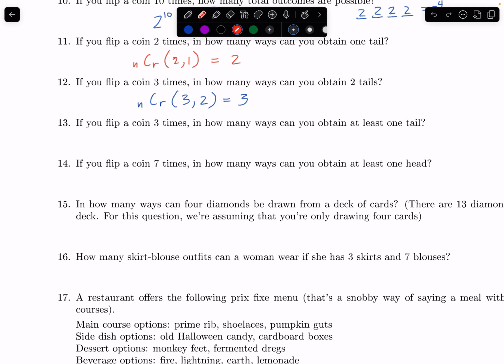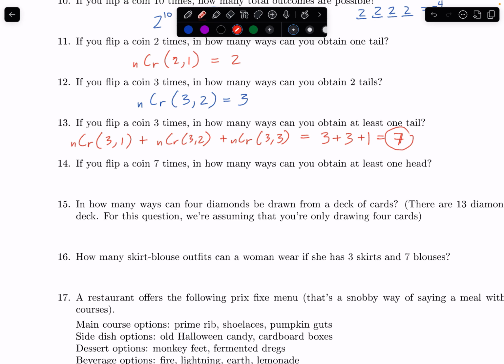At least 1 tail would be nCr: from the 3 flips, choose 1, and then add that to the number of ways I could choose 2 tails, and then add that to the number of ways I could choose 3 tails. You can check those numbers on your calculator, but that's going to be 3, 3, and 1. So 3, 3, and 1 makes a total of 7. That would be your answer.